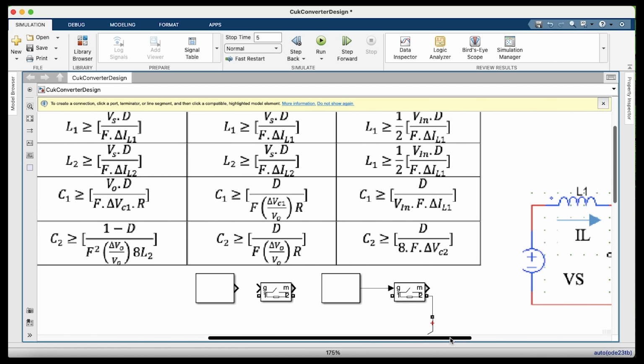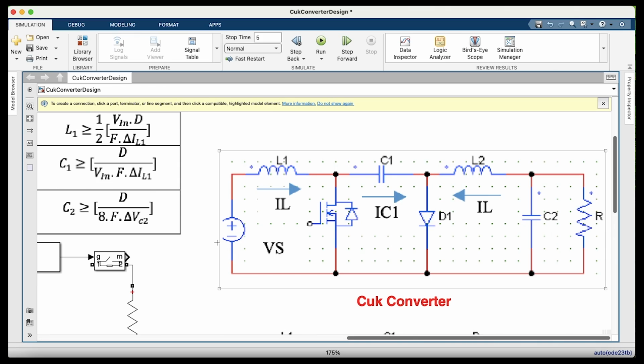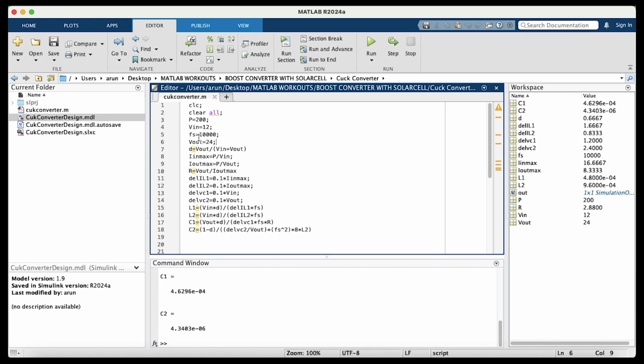To understand this, first we need to choose the input voltage. In my simulation I chose the input voltage, look at here, 12 volts. For the design of boost mode in the Cuk converter, I choose the output voltage as 24 volts. Therefore the output voltage is higher than the input voltage, and I take the power as 200 watts.